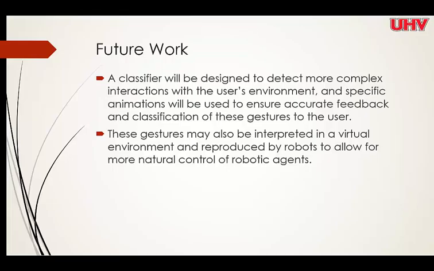Also, we are looking at utilizing gesture interpreters in a virtual environment to connect the user with remotely operated robots. In this particular case, we are looking at having robots that may share the same skeletal structures as the users, such as a humanoid robot, or even robots that use completely different modes of action than the users.